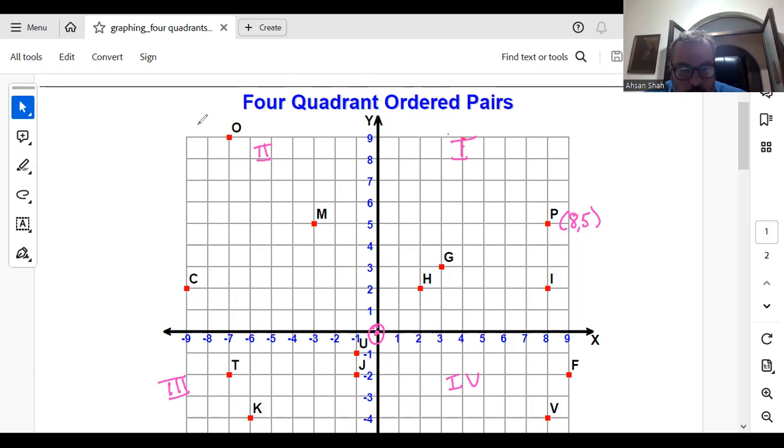So the point O has the coordinates -7, 9. You go 7 across, now to the left of the origin, so -7, and 9 up.